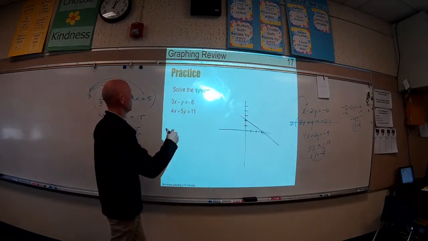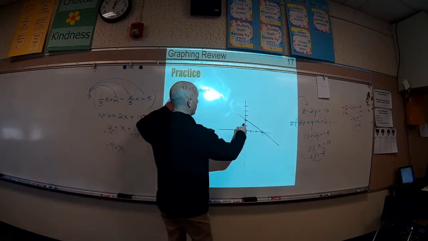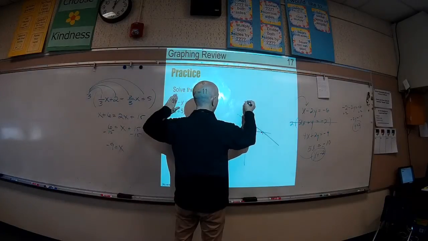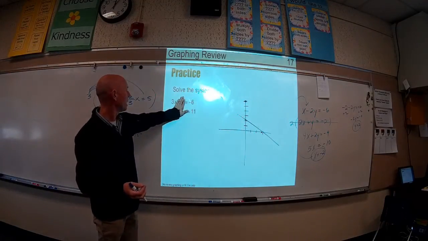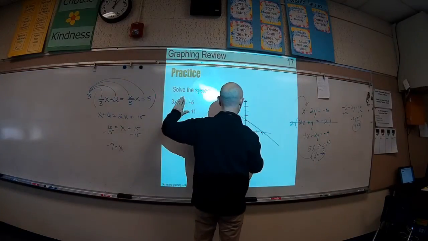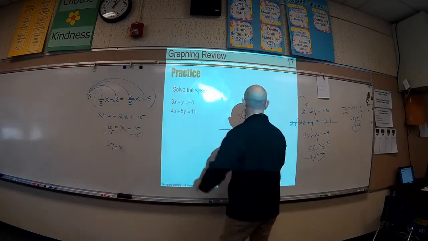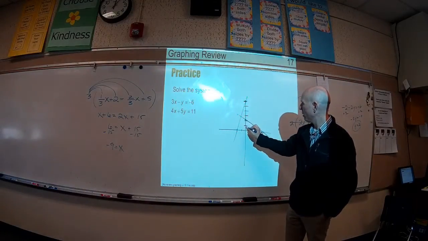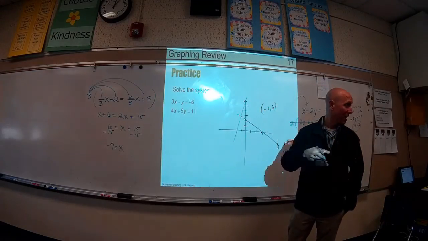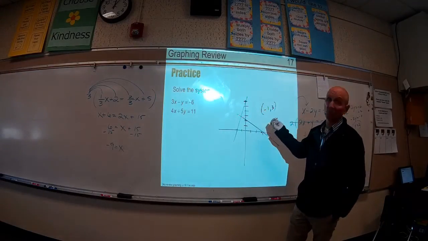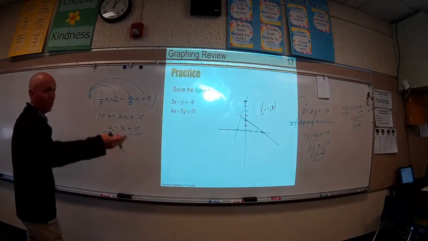And this guy, y is 6, and x equals -2. So right there, -1 comma 3. Yeah, it's pretty close. Well, it's right.